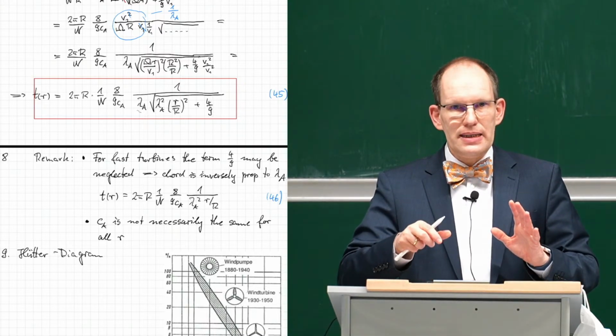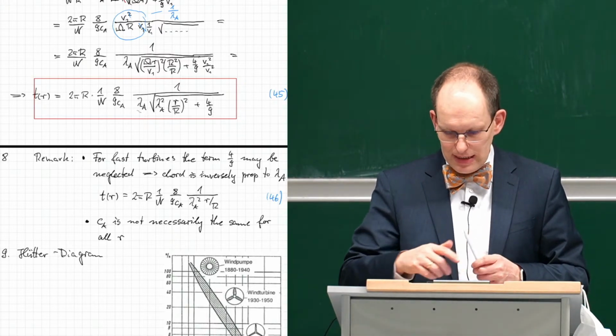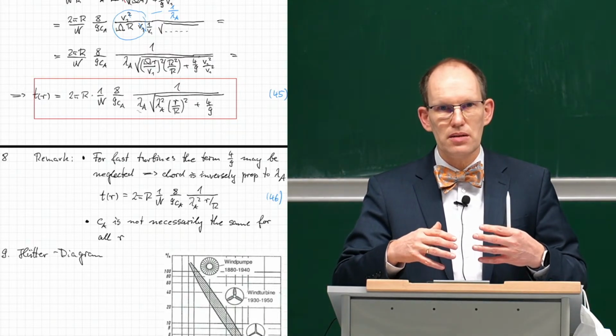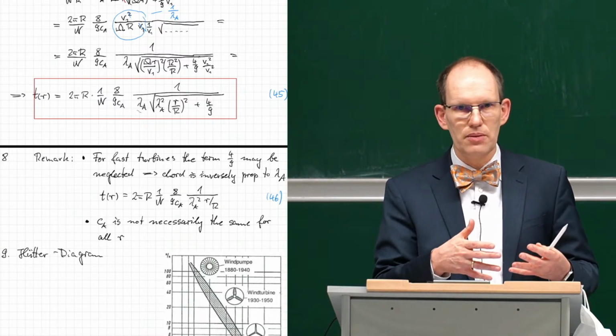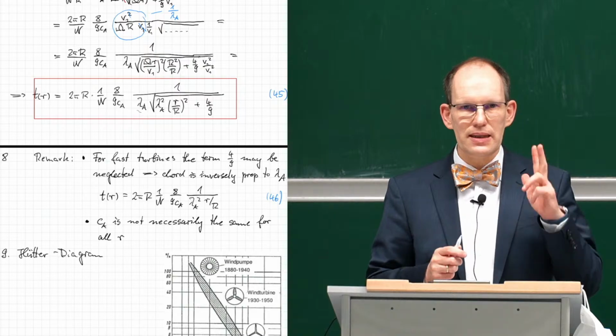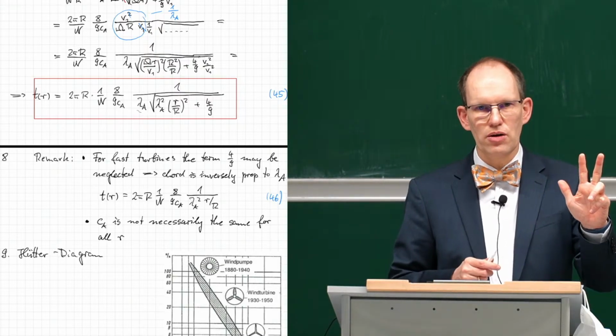Well, and this chapter, which we started last time, is concerned with losses, so with a non-ideal, real wind turbine. And we said that we have 3 different loss mechanisms.